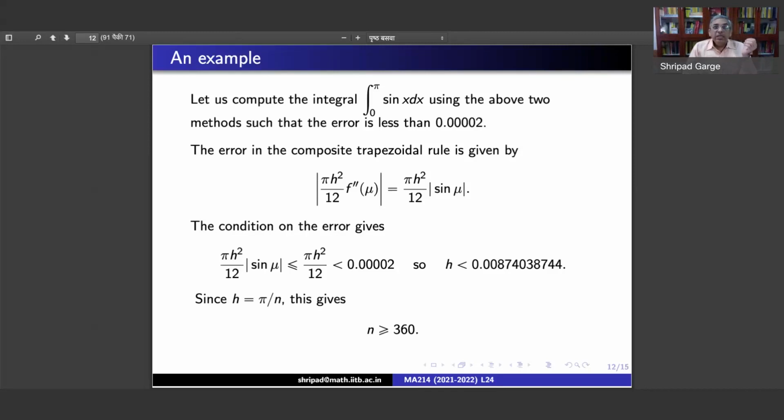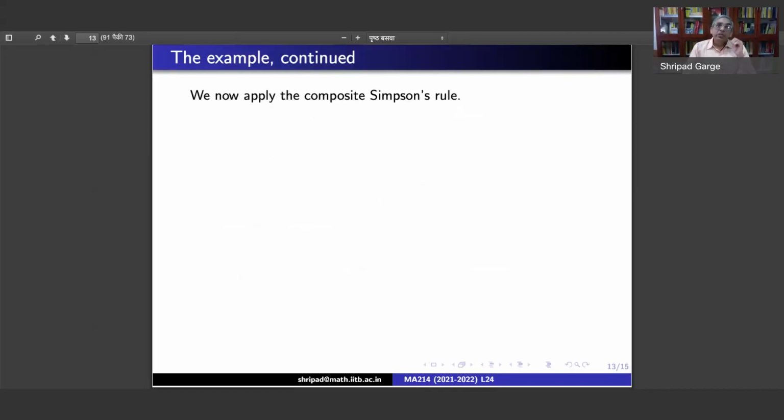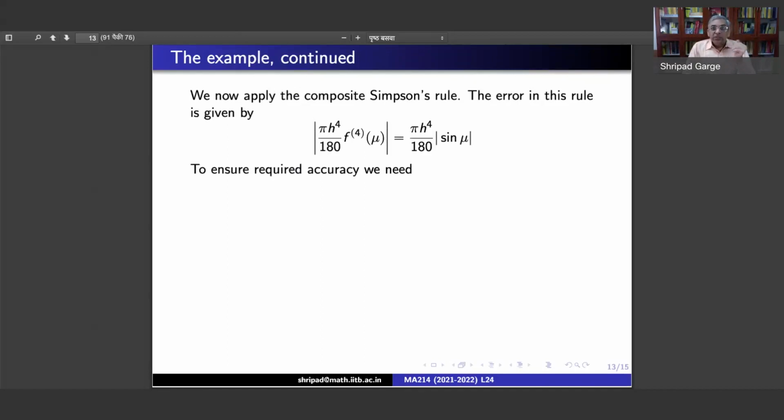Imagine the number of calculations that we will have to do if we are taking 360 sub-intervals. Instead, if you apply the composite Simpson's rule, then the error involves the fourth derivative, which is again sin x, and you are putting a mod. The condition of required accuracy will tell you that pi h power 4 upon 180 is less than 0.00002.